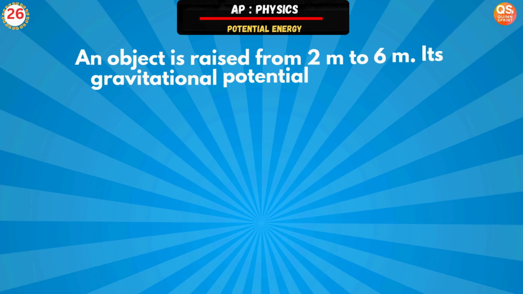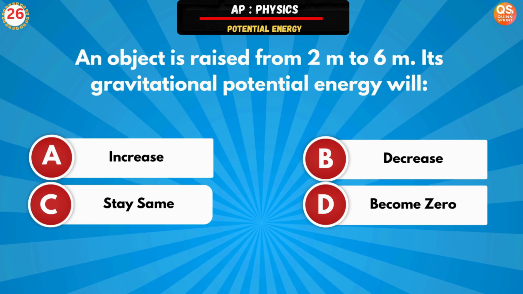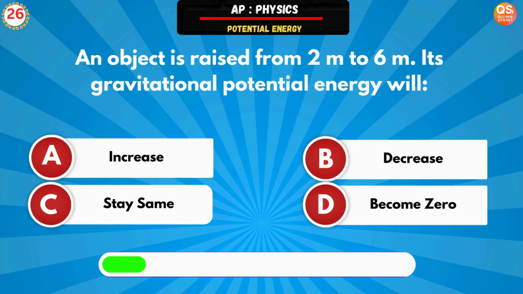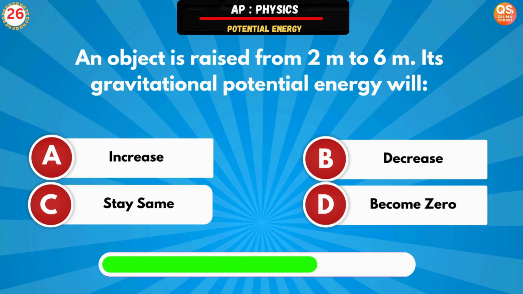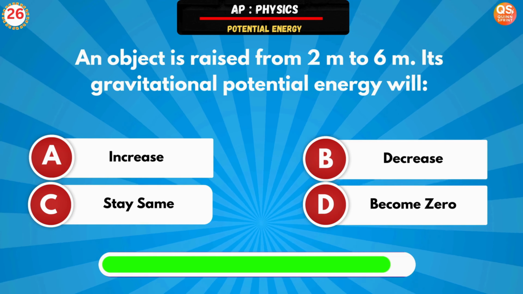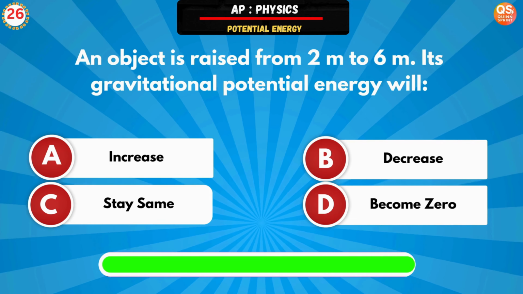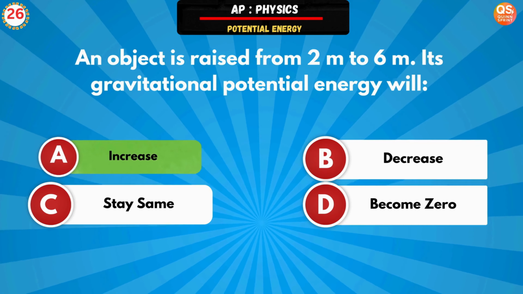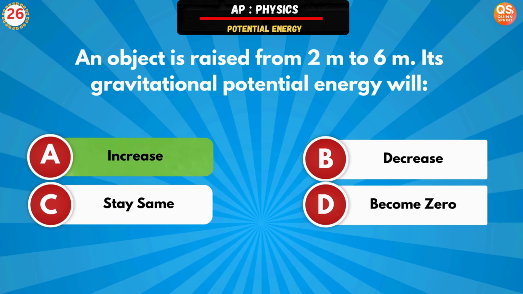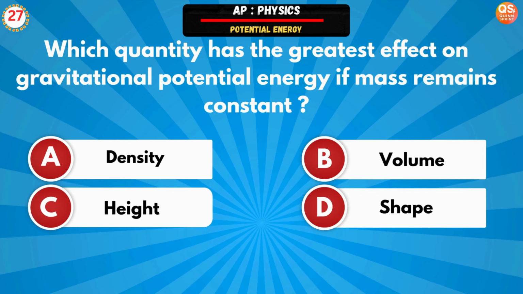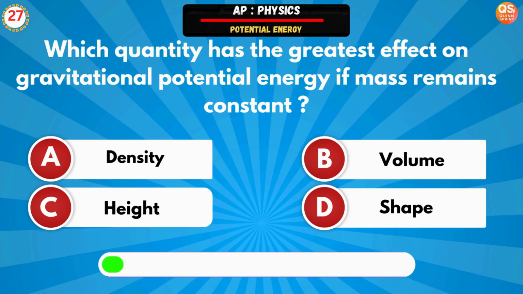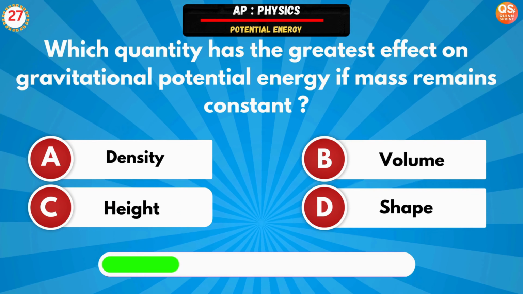Which object is raised from 2 m to 6 m? Its gravitational potential energy will increase. Which quantity has the greatest effect on gravitational potential energy if mass remains constant?